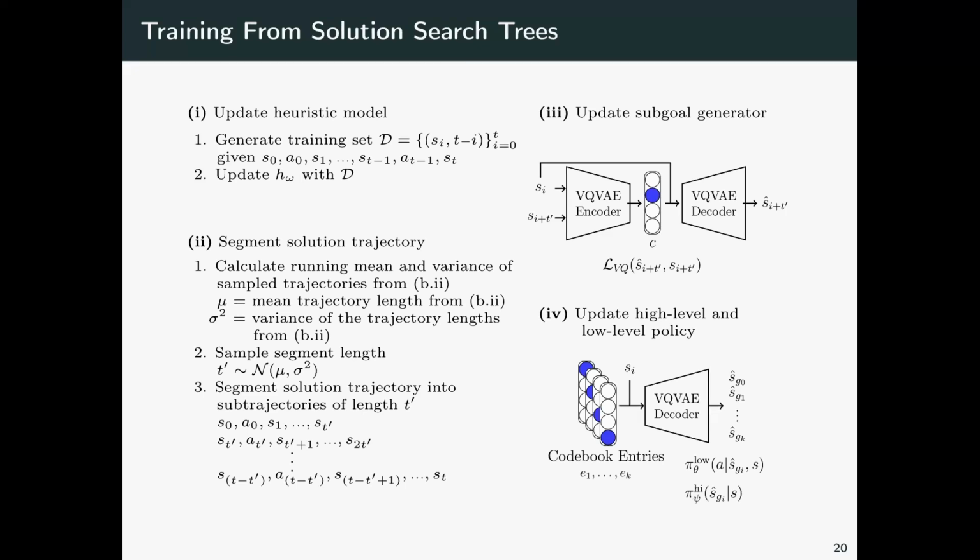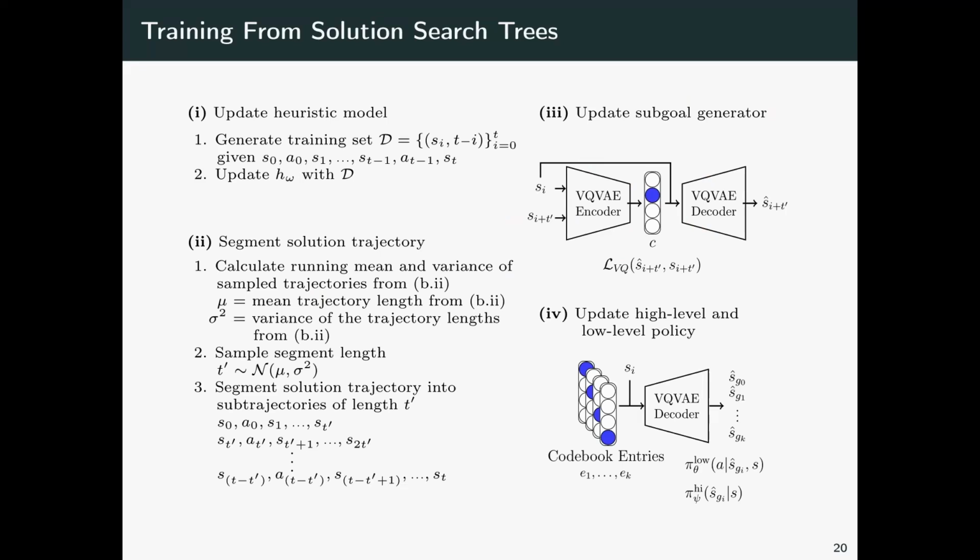So I have the solution trajectory, and I segment it up. For each of these segments, I have my starting state and the target state, which allows us to train our subgoal generator. I have the sequences of actions that I took to get from the state to the target state, which allows me to train my low-level policies. And now I can train my high-level policy, because for each of these sub-trajectories I can see the target subgoal that led me towards the goal.